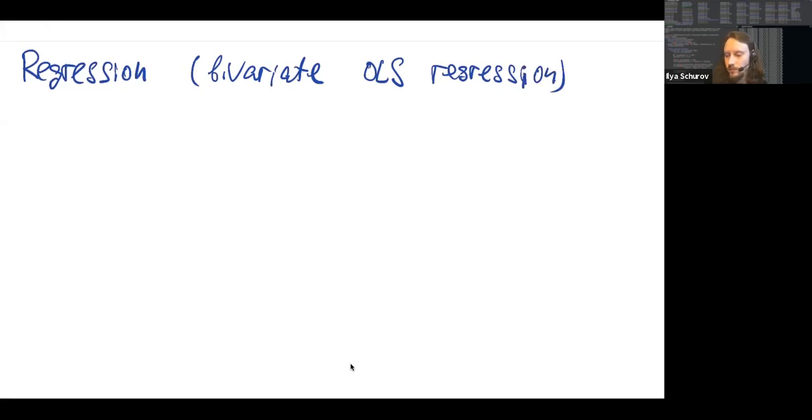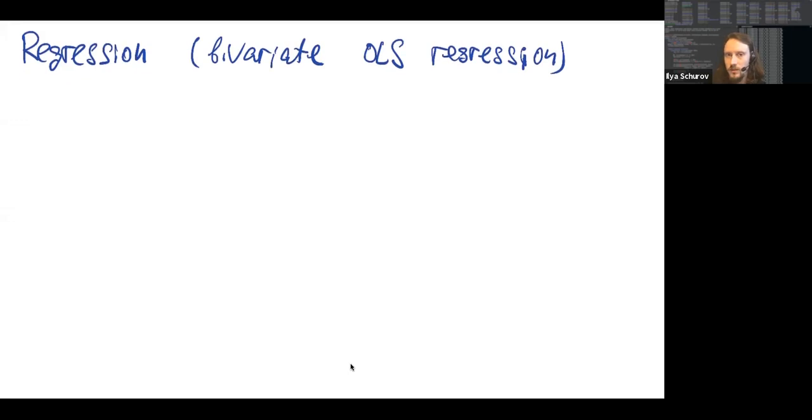So this is more or less a similar story to the story of the previous lesson. At the previous lesson, we discussed that if we have two numeric variables, then we may be interested in some relation between these variables.